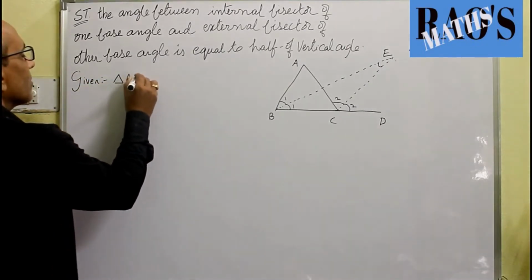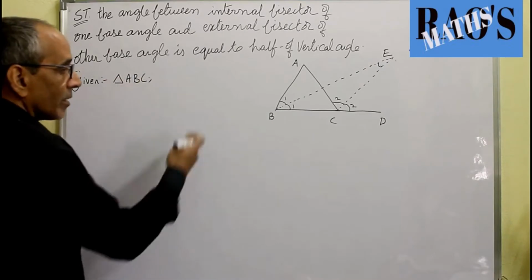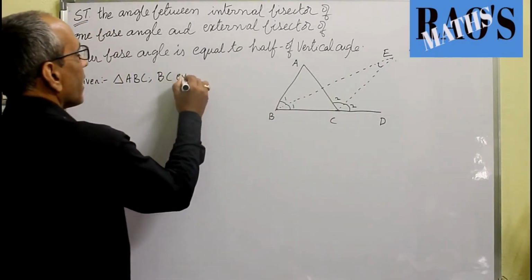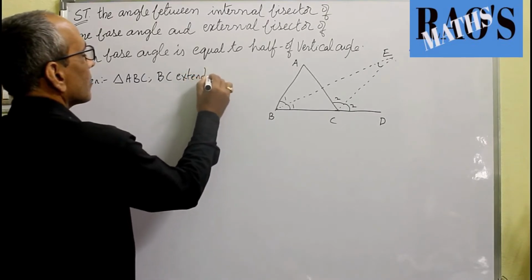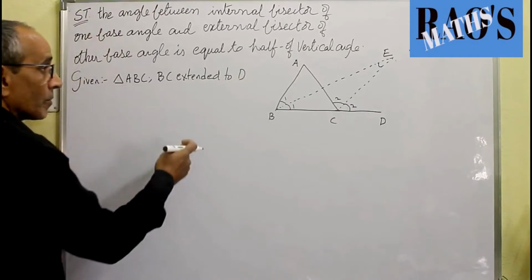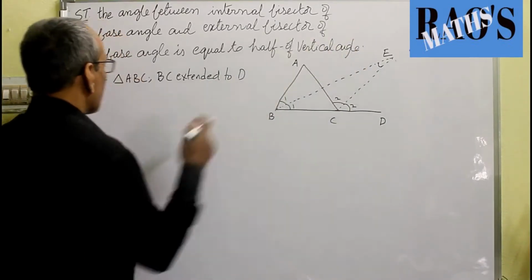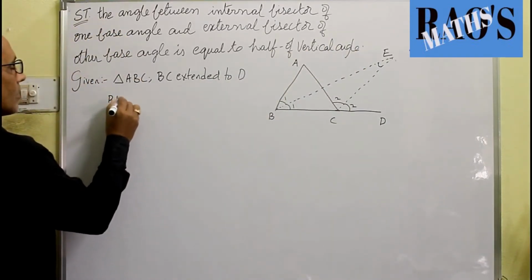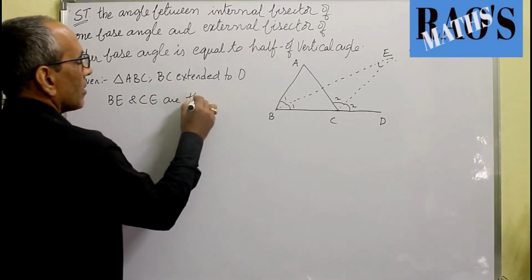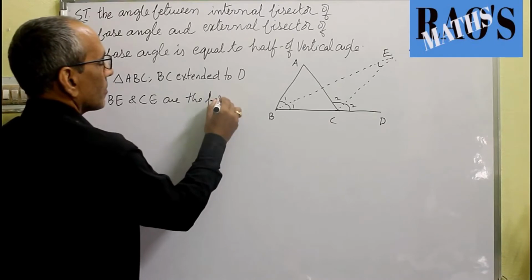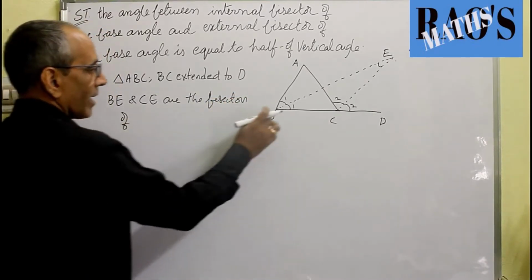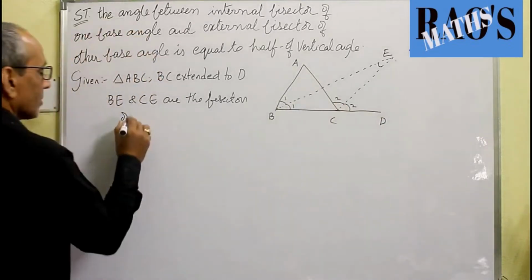So what is given in the question? Triangle ABC, and BC is produced to D, and also BE and CE are the bisectors of angle B and angle ACD.